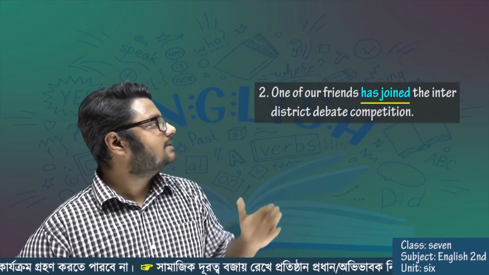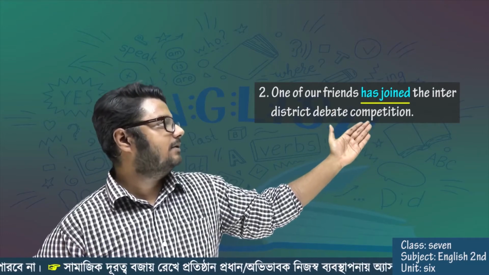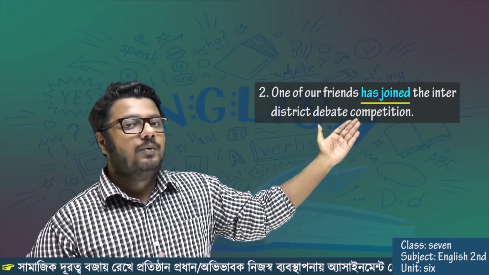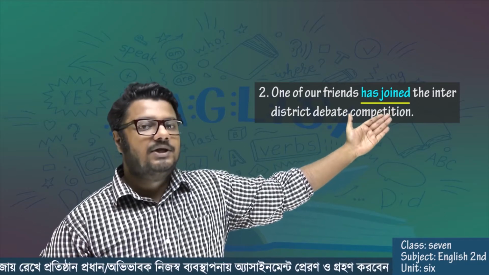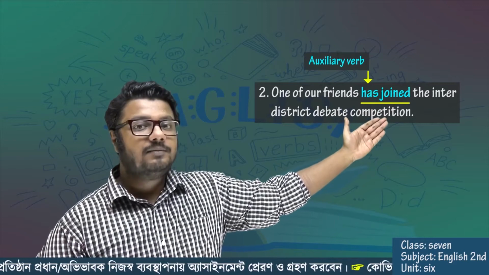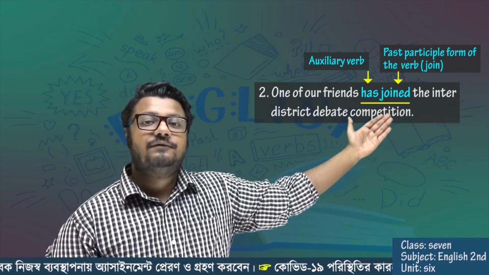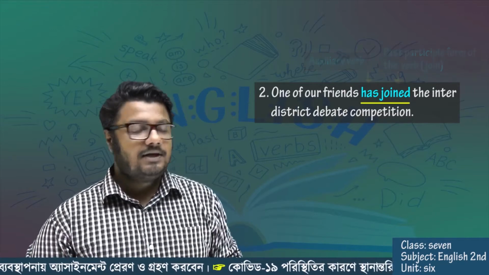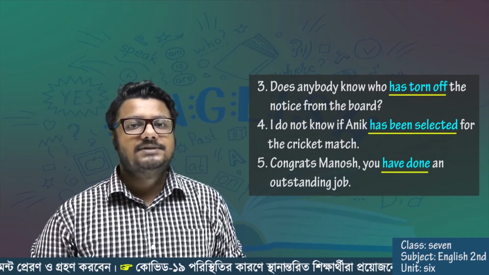Similarly, in the second sentence, one of our friends has joined the inter-district debate competition. Even in this sentence, we can see the same scenario. Has joined. It has two elements. The first one is the auxiliary verb and the second one is the past participle form of the main verb join. Similarly, in the third, fourth and fifth examples, we can see the same scenario.